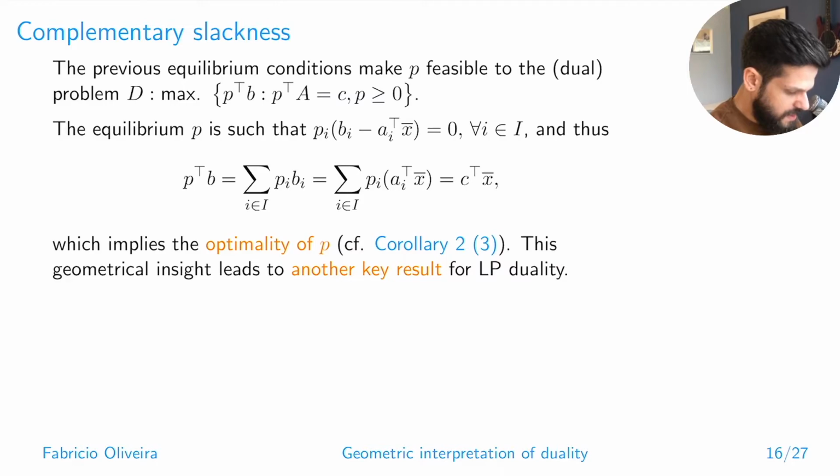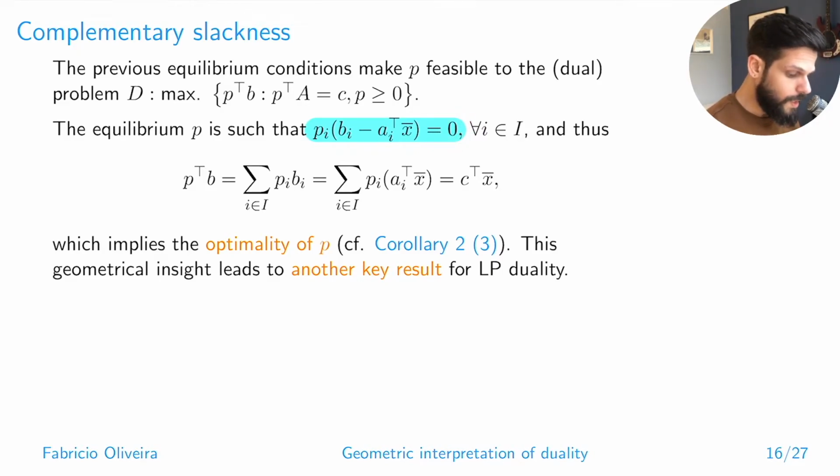This actually leads us to this interesting notion of complementary slackness. Complementary slackness is basically telling us the following: this relationship is always true because of two things. Either my constraint is active, so the vector A is part of that equilibrium that is being formed, and because B equals A transpose X, this is true.